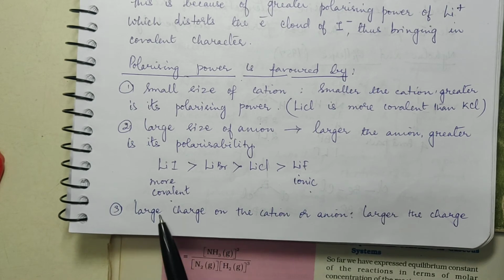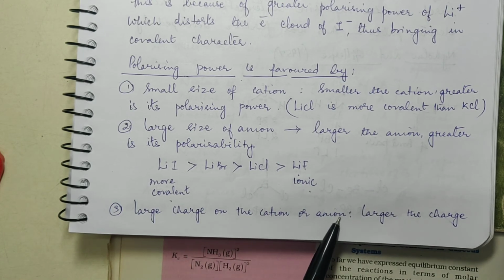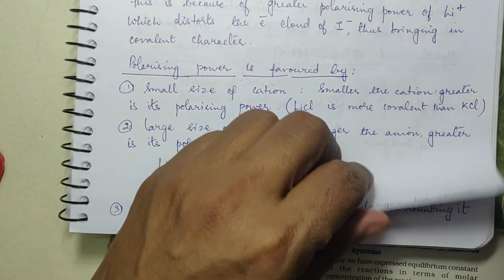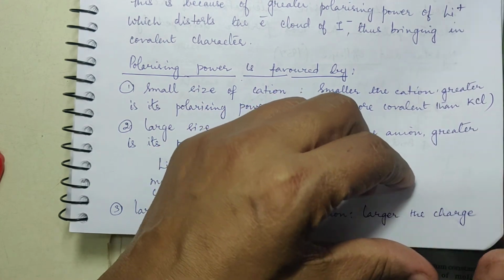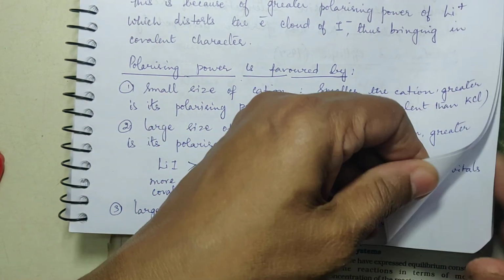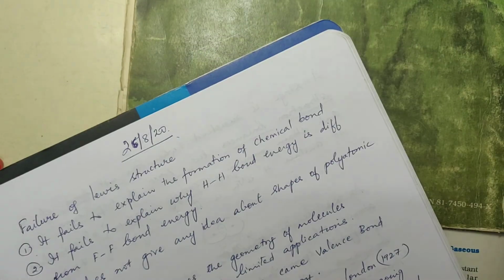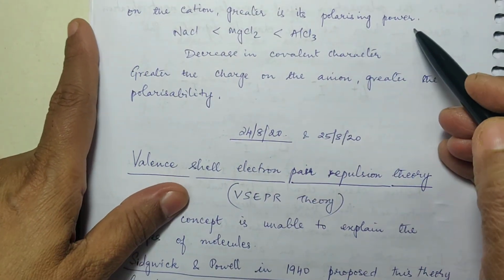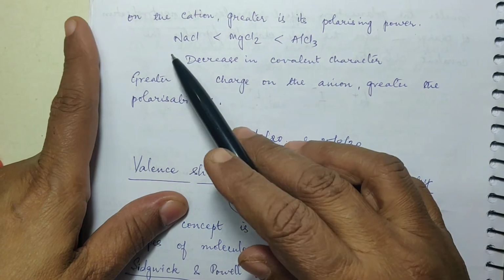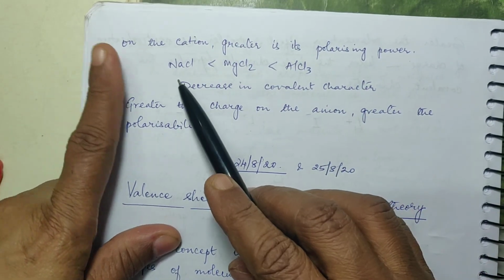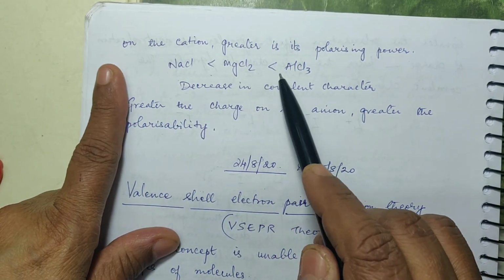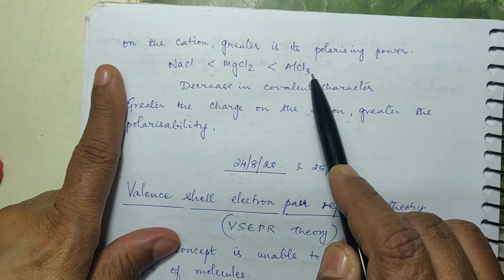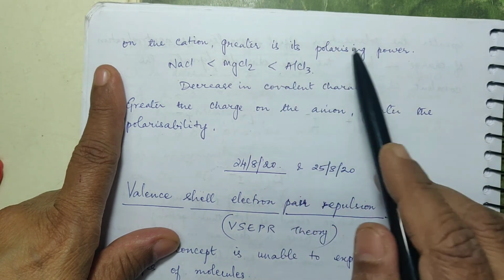Then, large charge on the cation or anion. This is again another reason. Larger the charge, if the cation has a larger charge, then it has greater polarizing power. That is why you say NaCl less than MgCl2 less than AlCl3. Greater the charge, greater is the polarizing power.